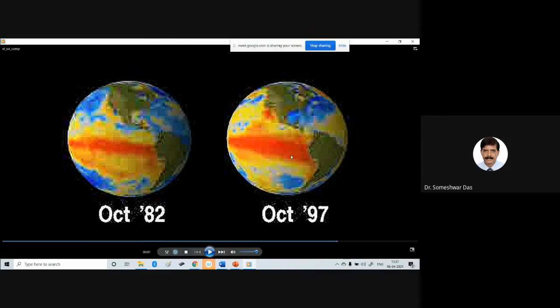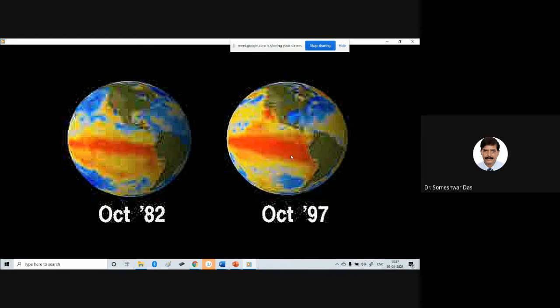By the way, these are all simulated from the model using the coupled climate model. Similar things you can also get if you just plot the observations of the sea surface temperature around the globe; you can find a similar pattern of warming.